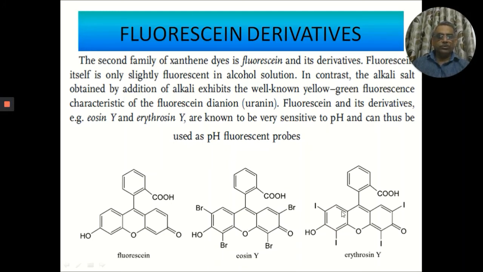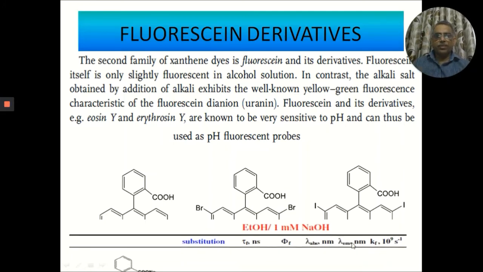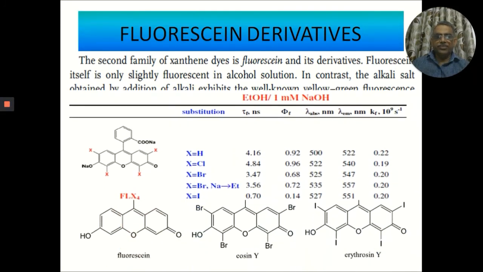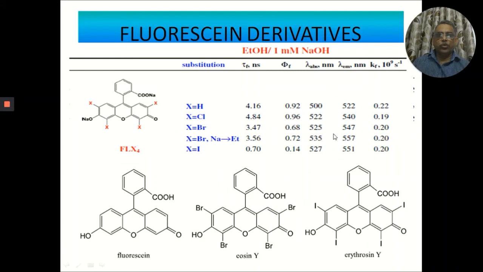With bromide substitutions, the molecule is named eosin Y. If it is iodine, it is erythrosine Y. Now you can compare the quantum efficiency of all these substitutions. As I already told you, with the heavier bromine substitution, quantum efficiency is lower compared to the basic fluorescein dye, which is the sodium salt, meaning alkaline medium. If you go for the iodide substitution, quantum efficiency goes down to 0.14. So heavy atom substitution also reduces the quantum efficiency of the fluorescence.